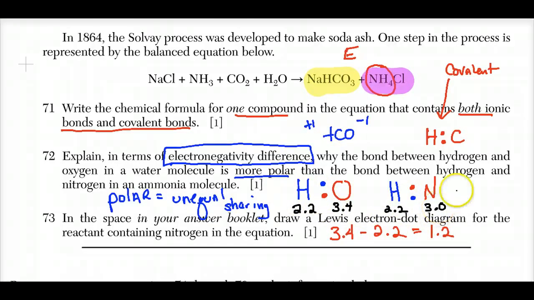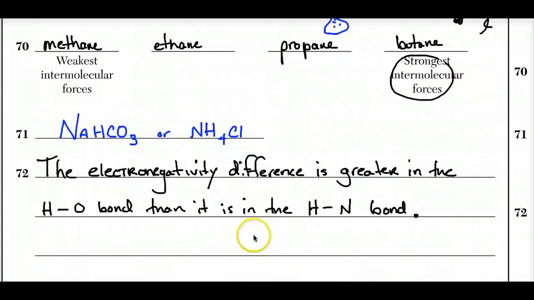And this difference, 3.0 minus 2.2, is going to give you 0.8. Who has the larger difference in electronegativity? This bond. So it creates a more polar bond, more unequal sharing, a more negative side. So I said the electronegativity difference is greater in the H to O bond than it is in the H to N bond. Okay?